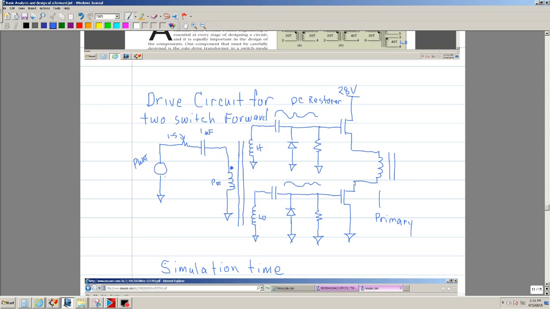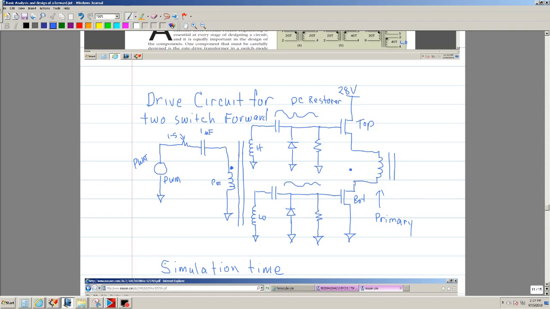Let's suppose this is your PWM, and if you have a primary and two secondaries, you can drive the top FET. This is the top FET, and this is the bottom FET, and this would be your primary transformer.